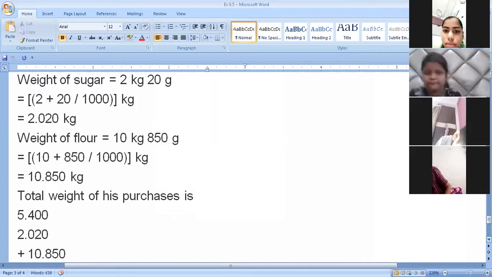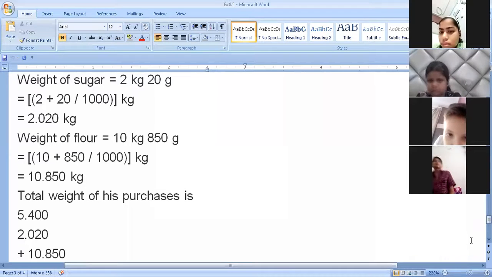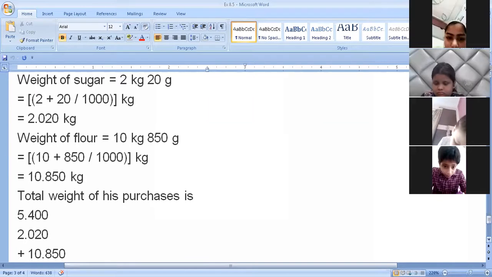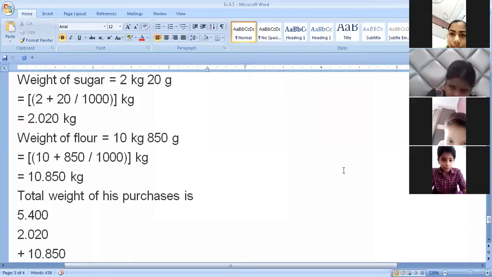Add all the numbers. Yes, your answer is correct. Kanishka, Saksham, Bhumika, your answers are absolutely right. Add the numbers, children. Yes, Charvi, your answer is also right. Tanishk, your answer is correct. Charvi, just 270.